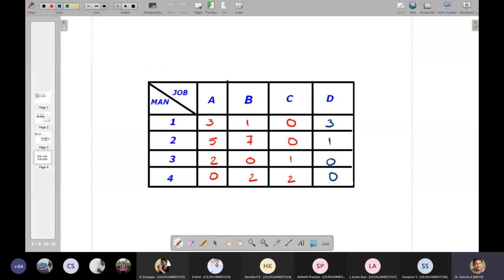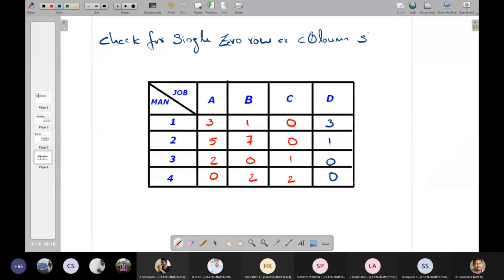Check for a single zero in a row or column, starting from row 1. So first row, is it a single zero?